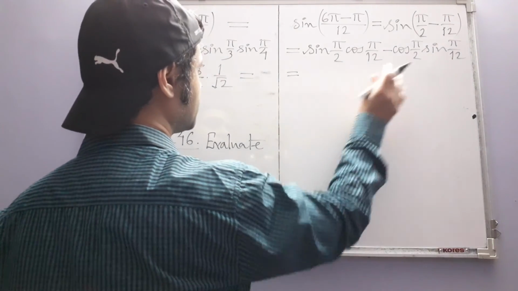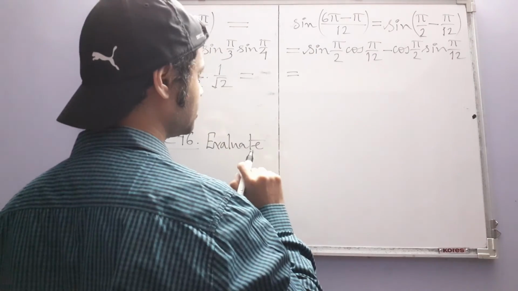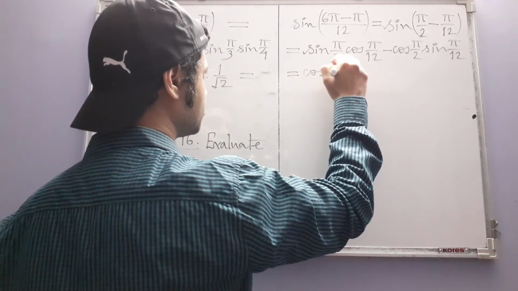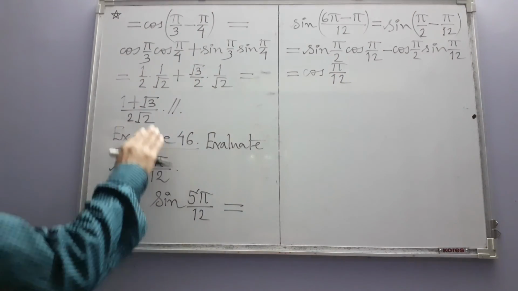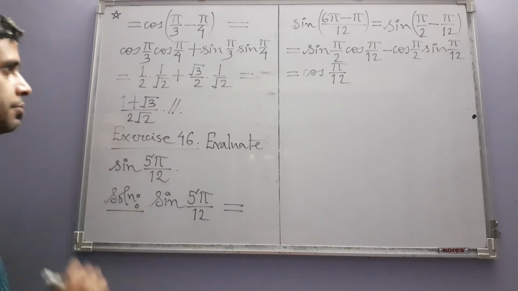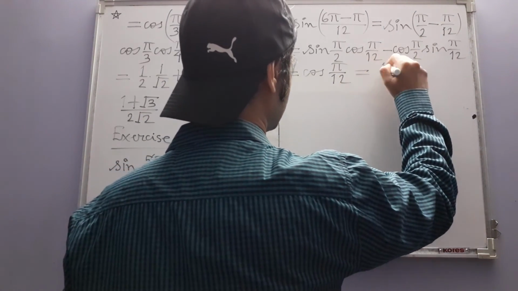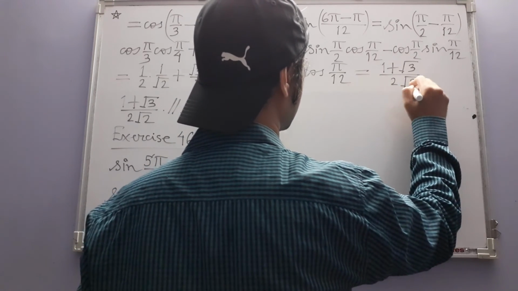Okay, now this part vanishes because cos pi over 2 is 0 and sin pi over 2 is 1. So that means we are getting cos pi over 12, for which we already have the value. So that's why this is ultimately just this.